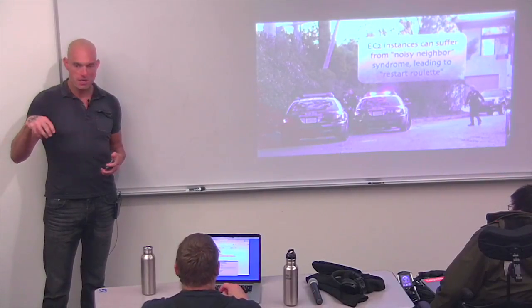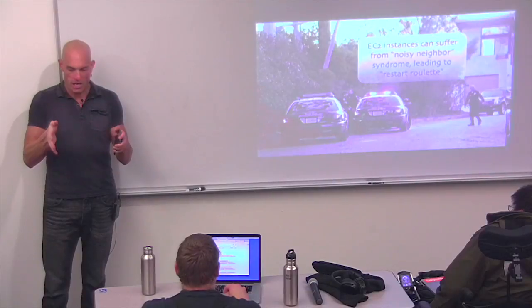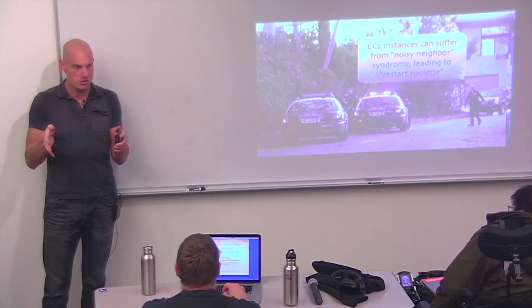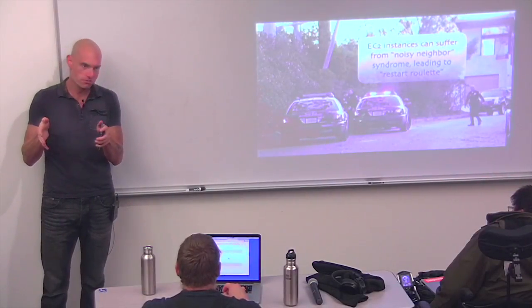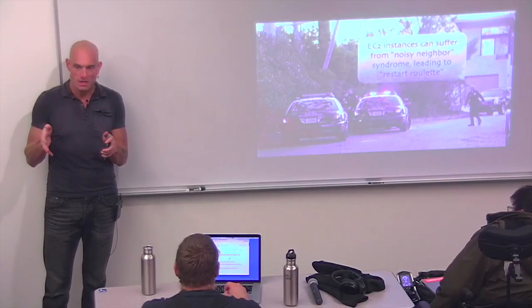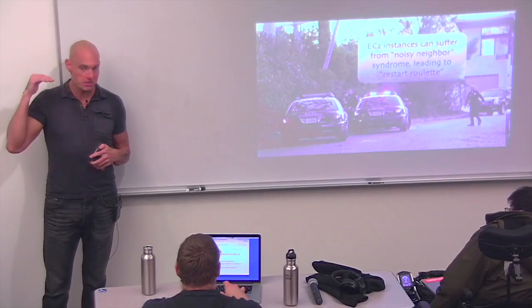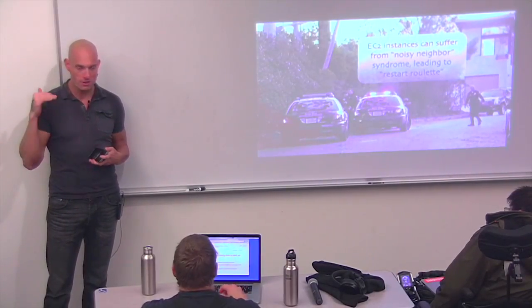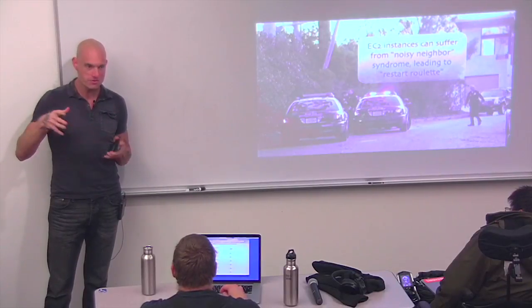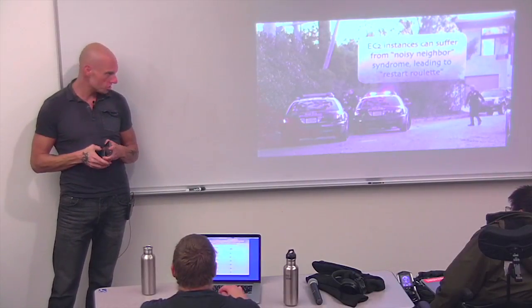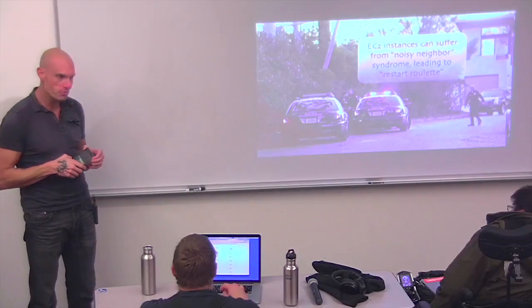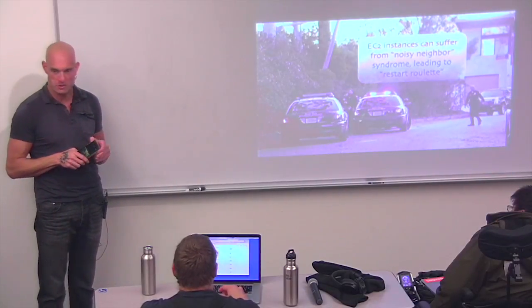If somebody on the same physical server as you is slamming tons of network throughput through the physical interface, they can actually starve your EC2 instance, and you'll end up with a machine that is underperforming all of its peers.